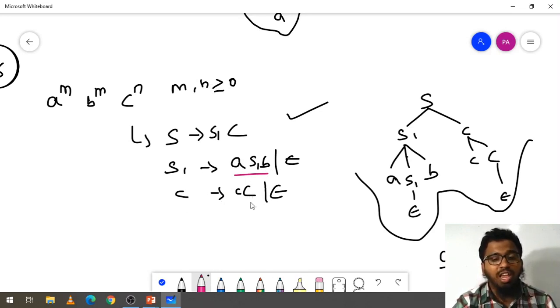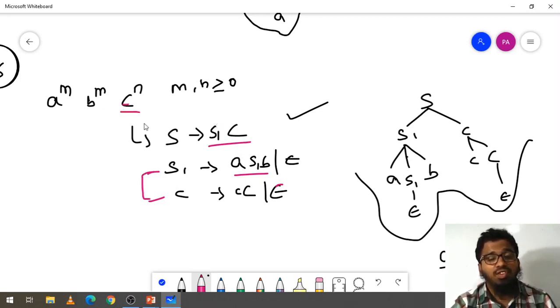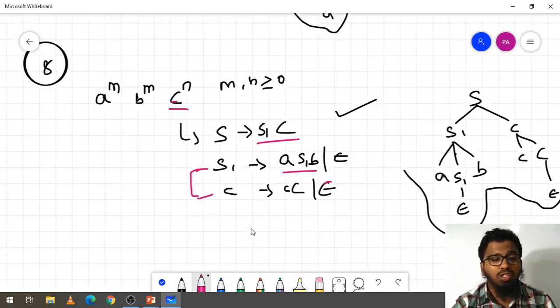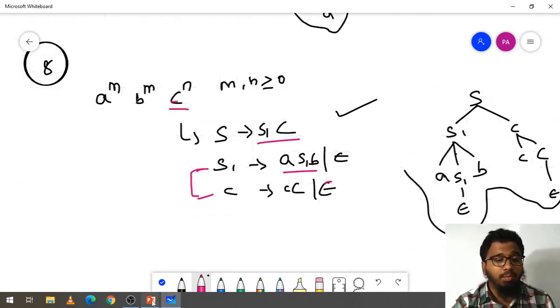So small c, capital C, or you can use epsilon at the end, 0 or more. So for this 2 is concatenation and adding here. Why we are writing C after? Because here the C is after A and B. Okay, so this is some of the examples.